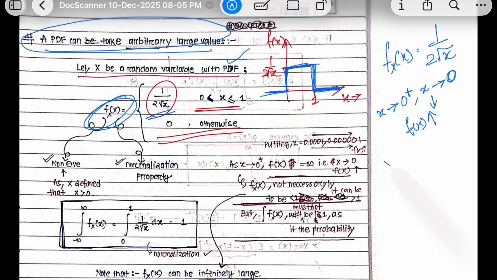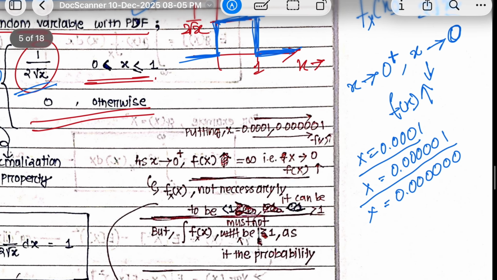You can take examples: put in this value, check, then put in this value, check, put in the next value, and then put in that value. Put in the smallest value first.